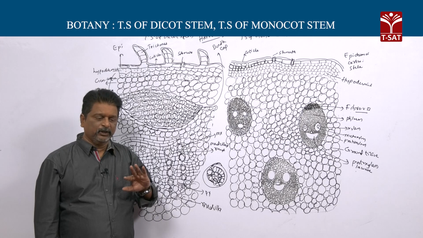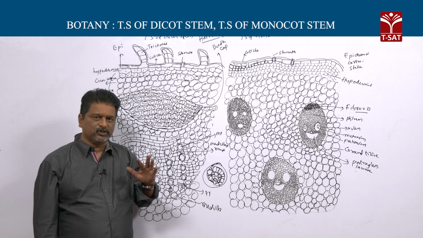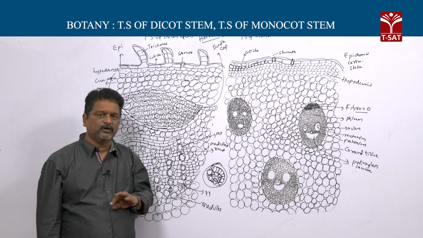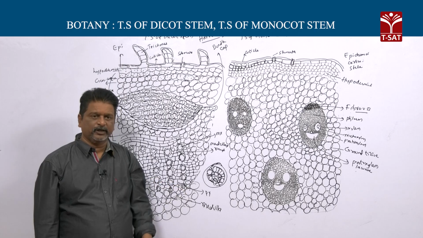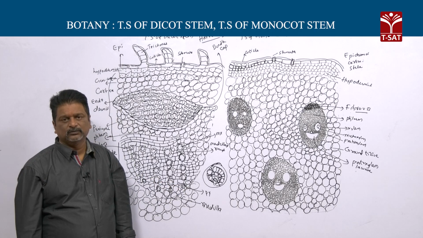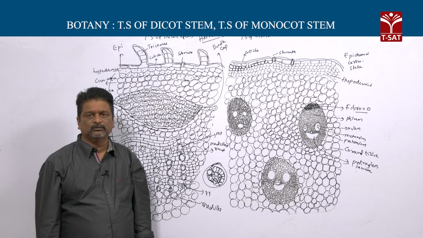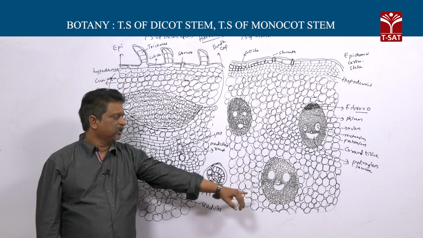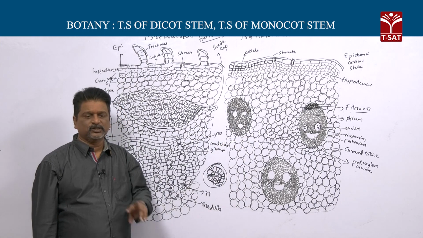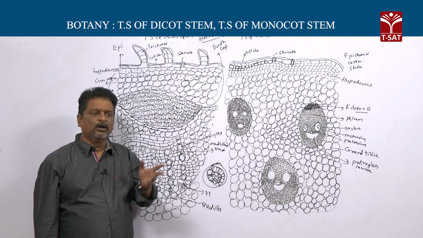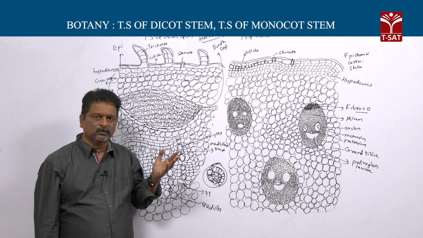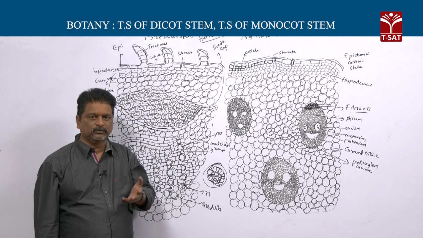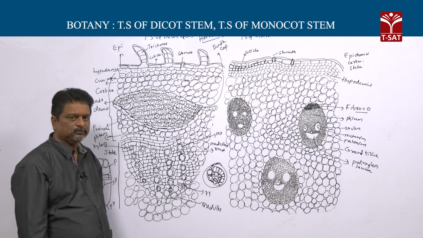So, if we arrange root and stem in ascending order based on number of vascular bundles: first dicot root, generally 4, next monocot root, then dicot stem, then monocot stem with numerous scattered vascular bundles. Descending order means first monocot stem, then dicot stem, then monocot root and dicot root.